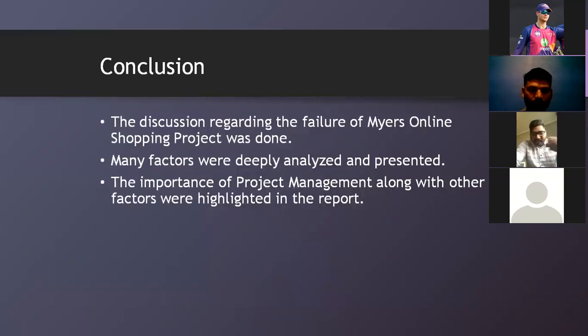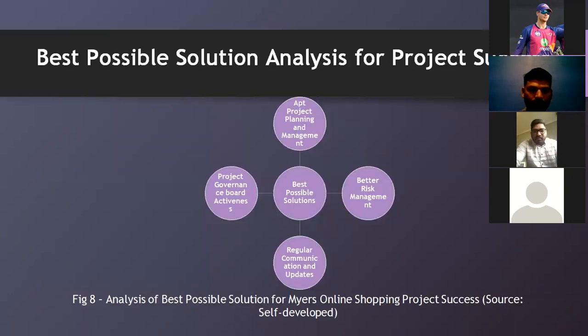Here the project manager of IBM will be a part of this. There should be communication between IBM and the Myers. In better risk management, they should have a contingency plan to overcome the risks which have been raised.